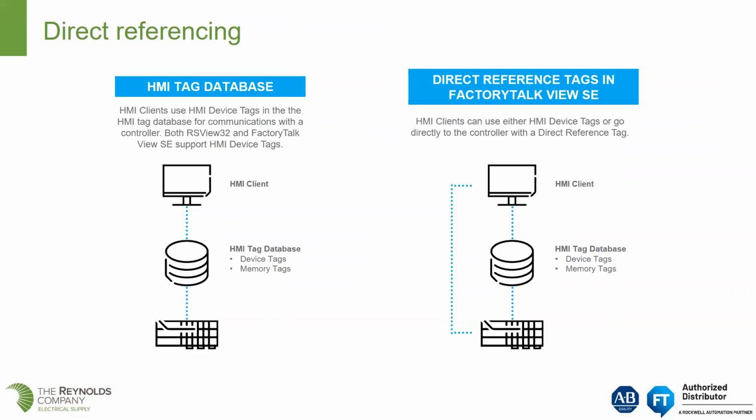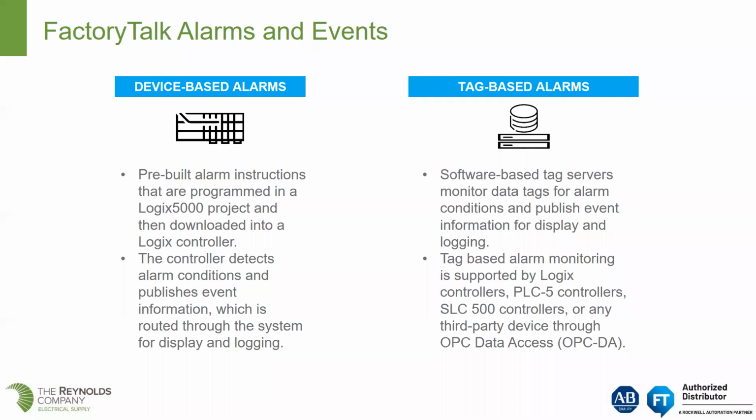We can if we want, but typically what we do is we'll build an object and then we will just browse to the tag in the controller that we want to reference, and we will choose that tag. And so there will be no HMI tag database in a FactoryTalk View SE application typically. So that would be another difference between the two softwares.